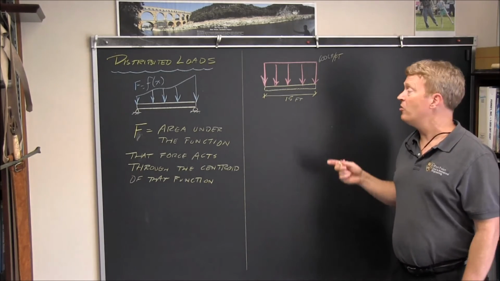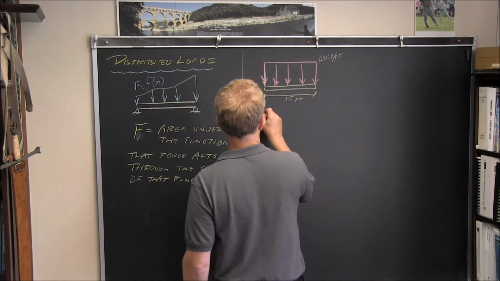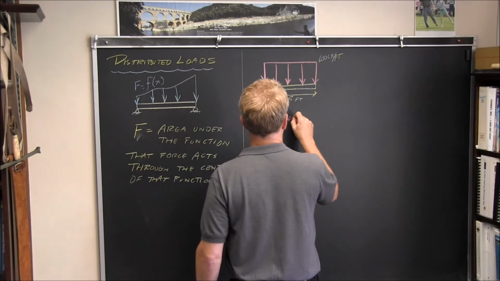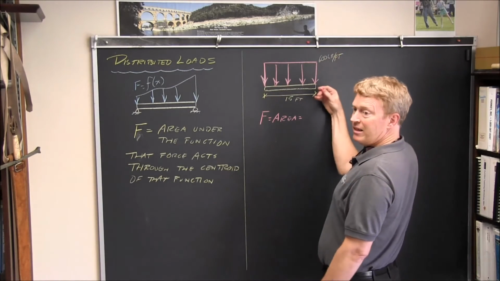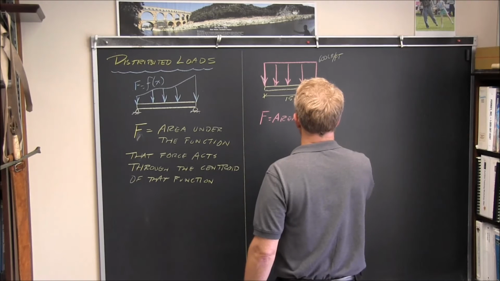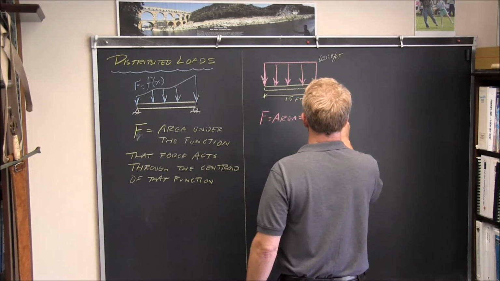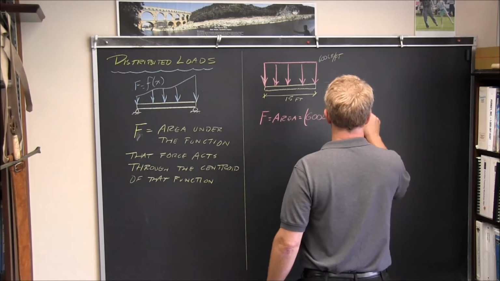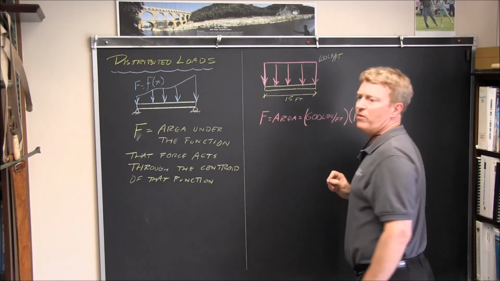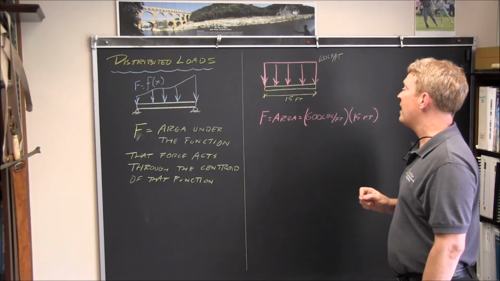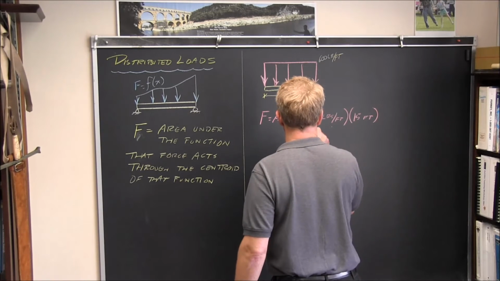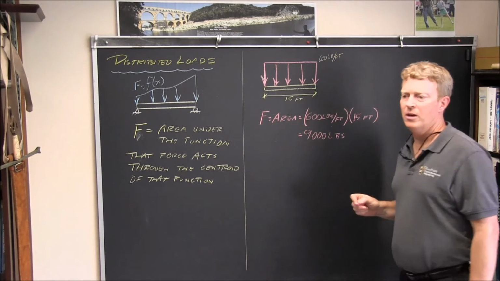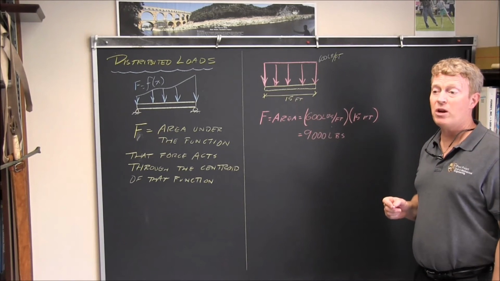So the area under this simple function is going to be the height times the length, or 600 pounds per foot times 15 feet. And if I do that simple math, I'm going to get 9,000 pounds. Now the centroid of a rectangle is a pretty straightforward idea.